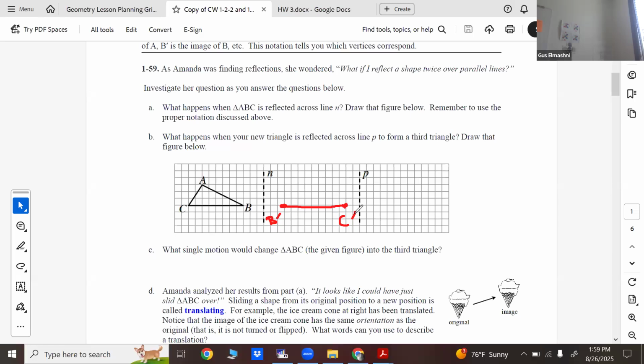Correct. Oh, yeah, question. It's just moving this right. Yes, correct. It's the translation, correct. Good work. So A is how far away from the line? It's 9 away.